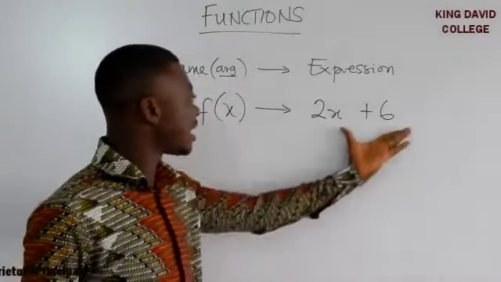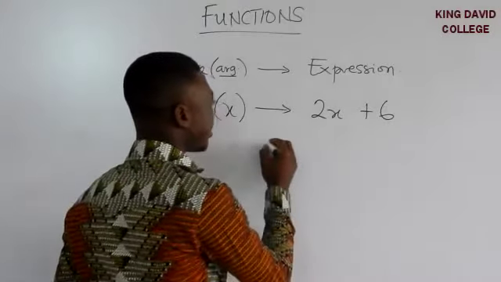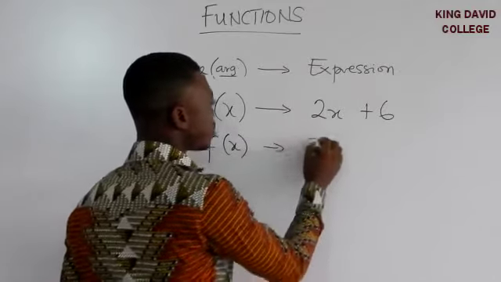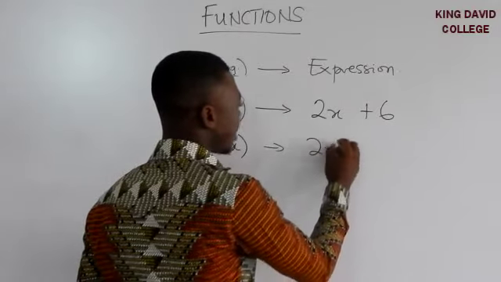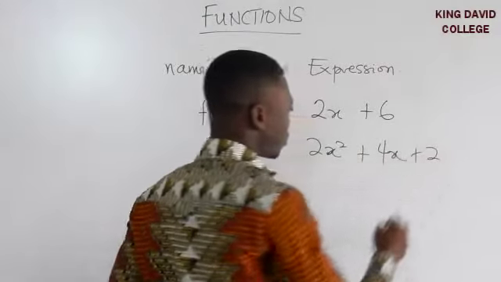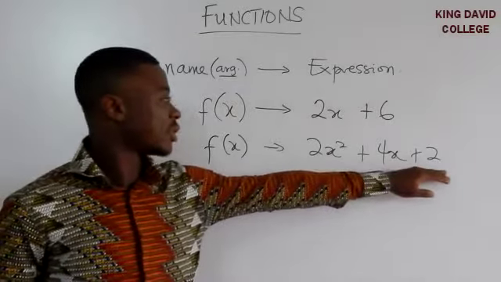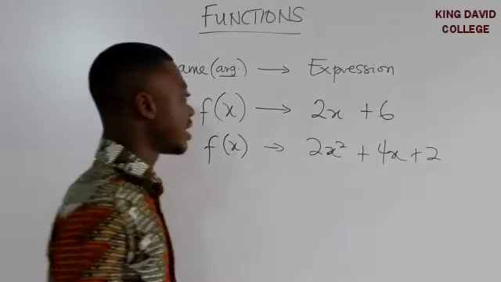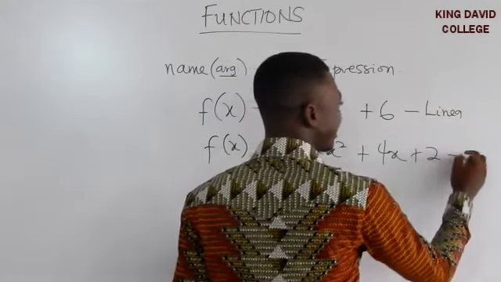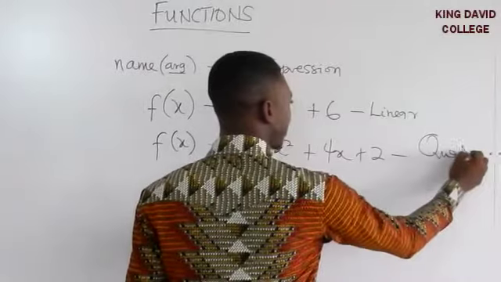It could be linear, it could be quadratic, where you have the same function of x having, let's say, 2x² + 4x + 2. This could also be another expression of the function. So this one is a linear notation, and then this is a quadratic expression.